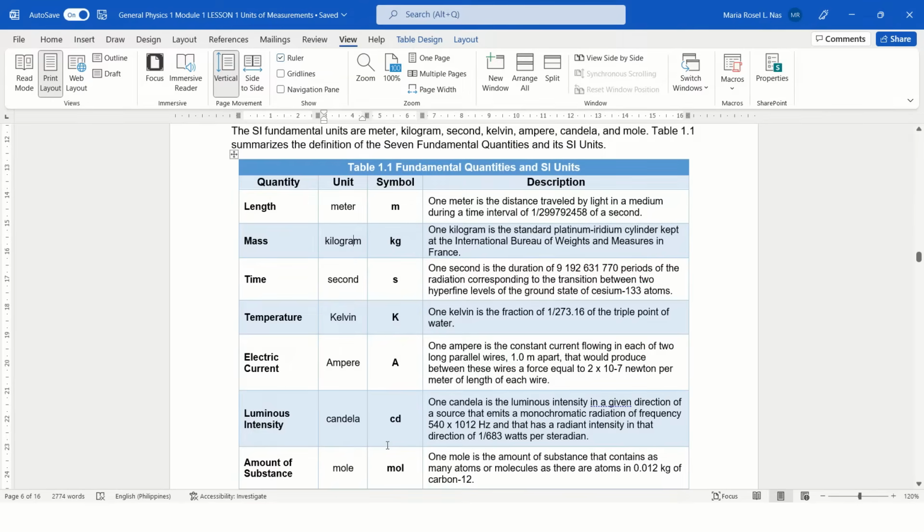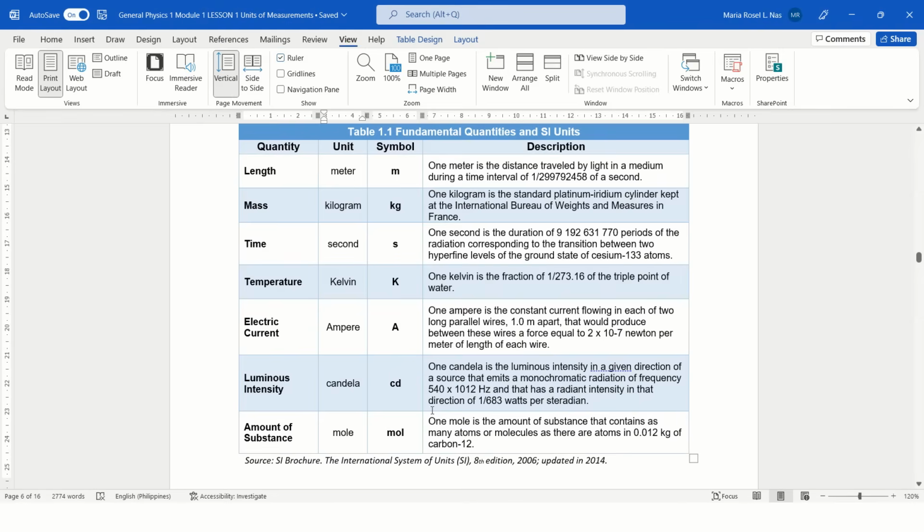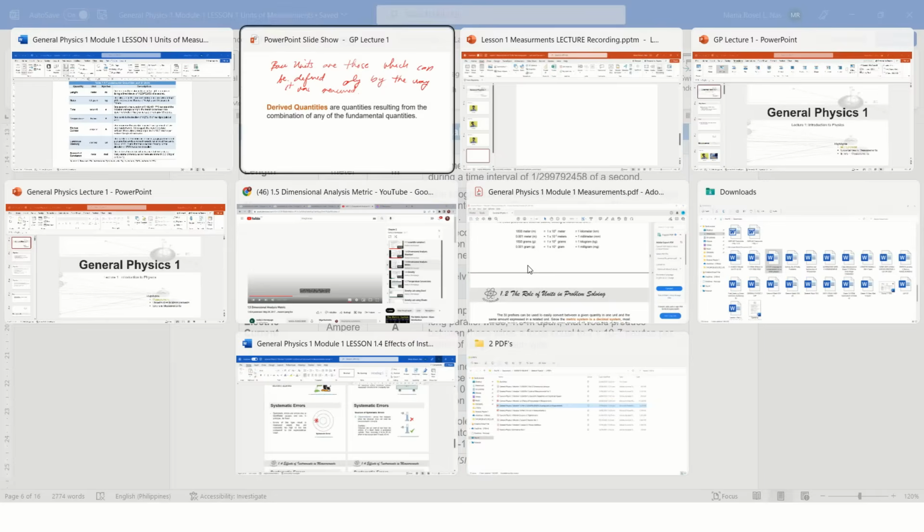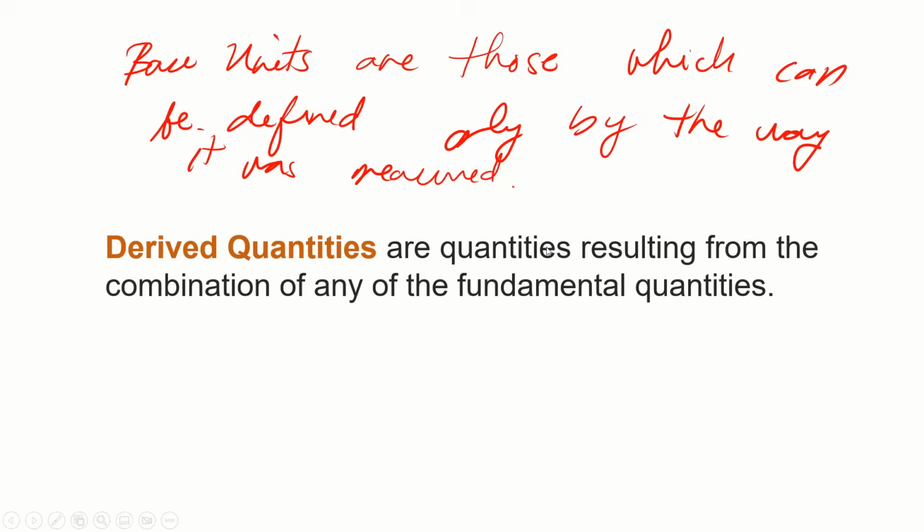So, that's how they define these fundamental units, and the same with the other fundamental units. Compared to these, derived units and derived quantities result from the combination of any of the fundamental quantities.